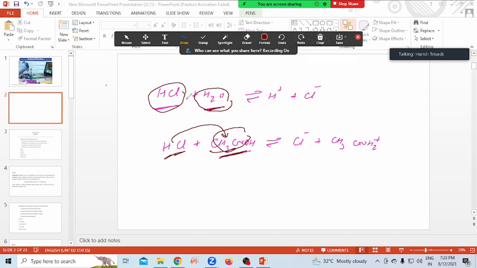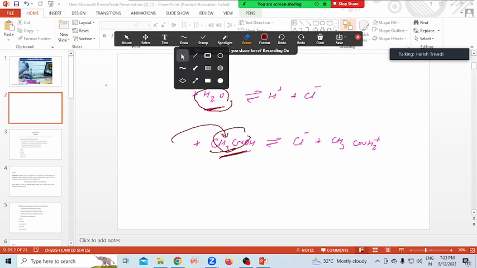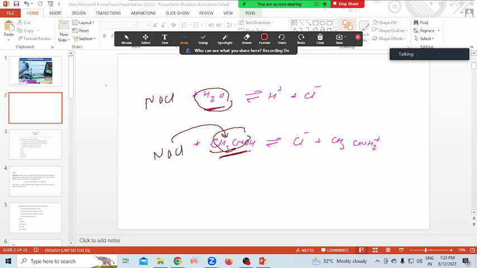The same example you can take for an electrolyte also. In place of HCl you can write a salt. Suppose I am writing NaCl here. Here also I am writing NaCl. What is happening here?